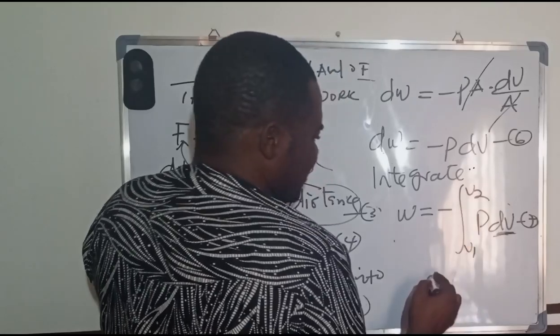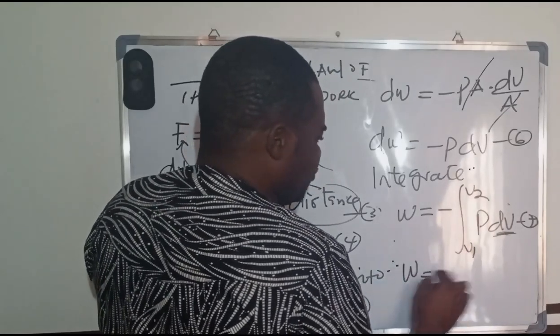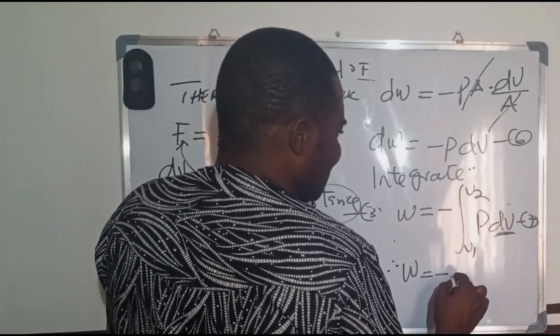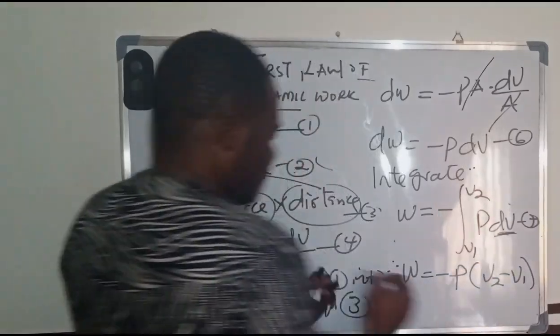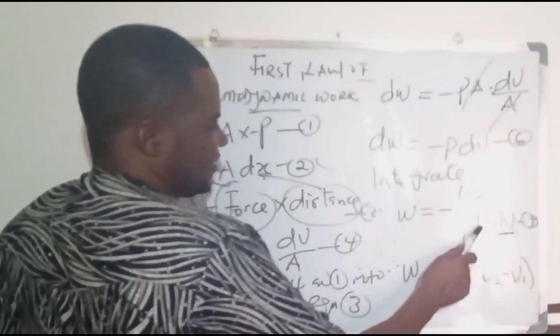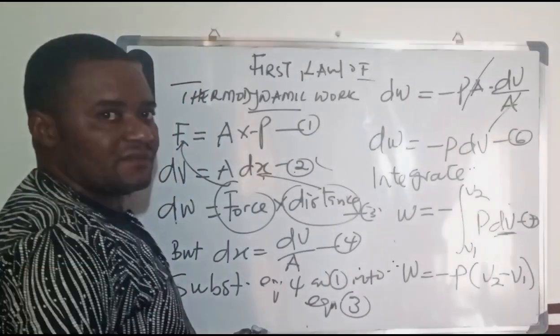This dV can be rewritten, so we have W equal to minus P times (V2 minus V1). Of course, you know that this is the same thing as change in V.